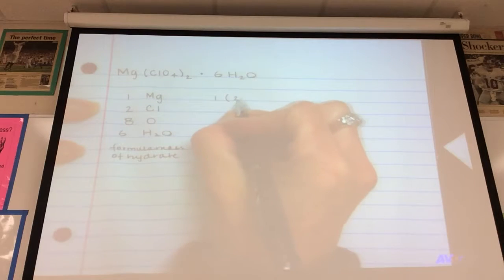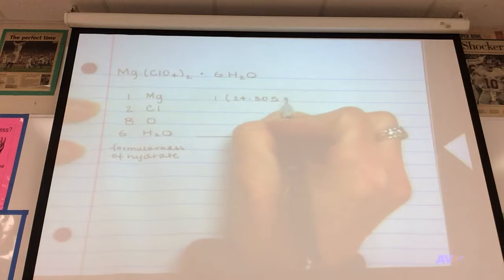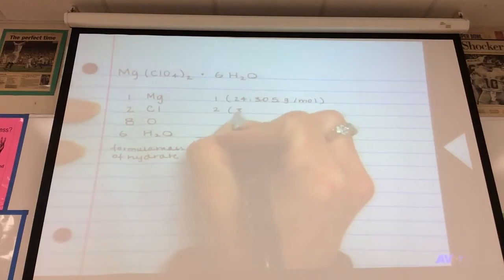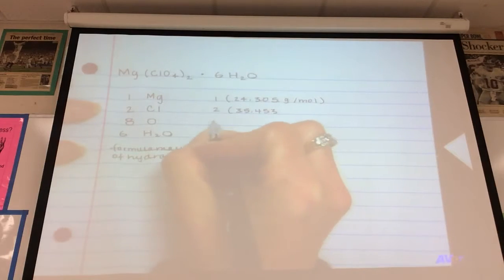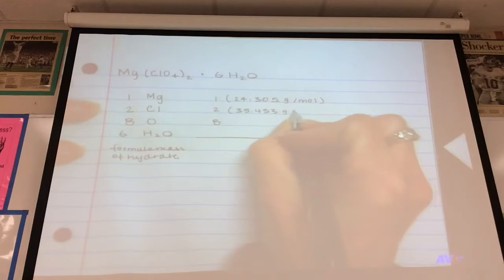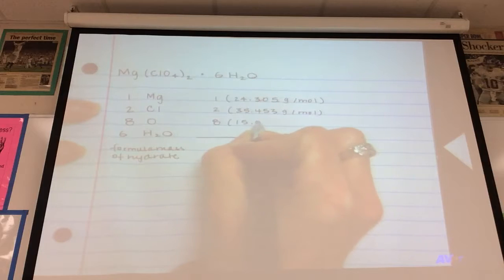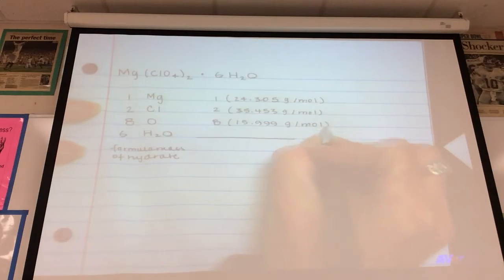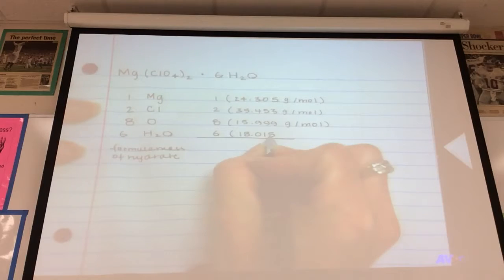1 times the molar mass of magnesium, two times the molar mass of chlorine, eight times the molar mass of oxygen, and then 6 times the molecular mass of water.